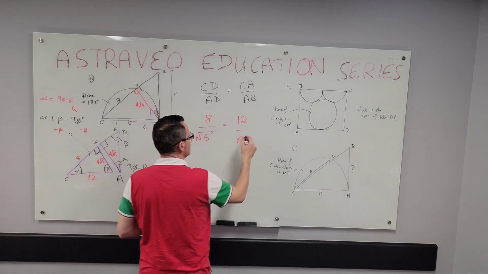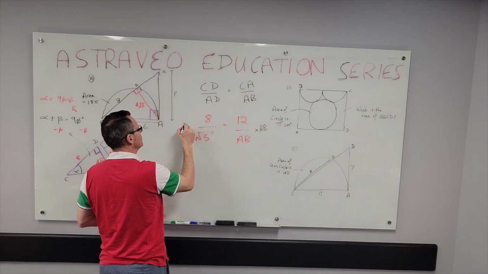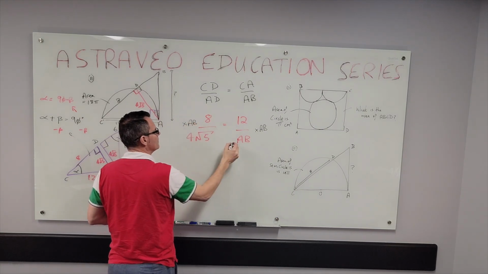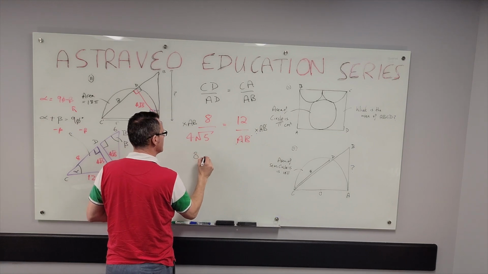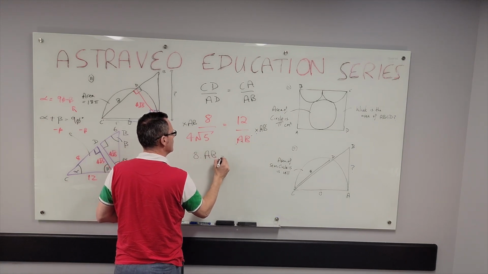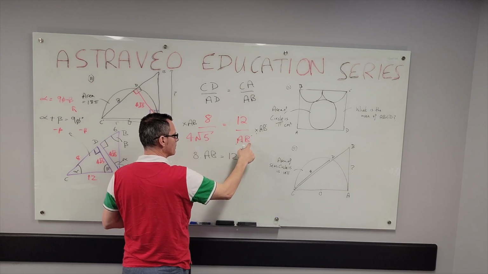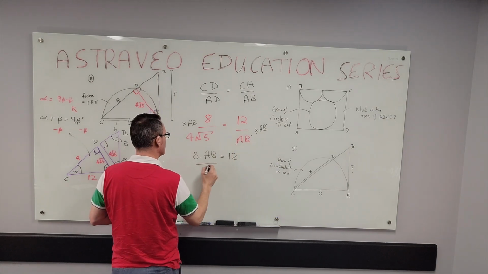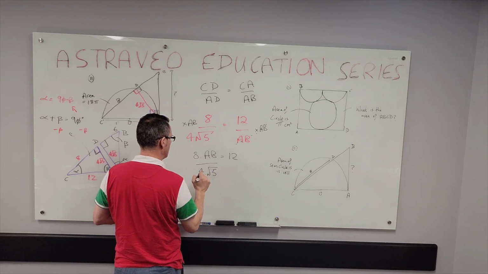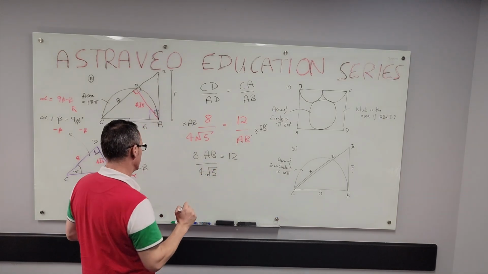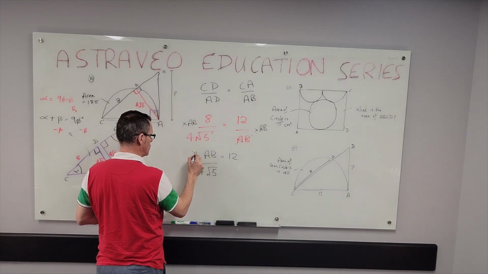First things first, let's multiply both sides by AB. Whatever you do to one side, you have to do to the other. AB. They cancel. So 8 times AB equals 12. Don't forget, this doesn't go to 0. A number divided by a number is 1. Divided by 4 root 5. Have I got this right? I think we're okay. So 8 divided by 4 is 2.